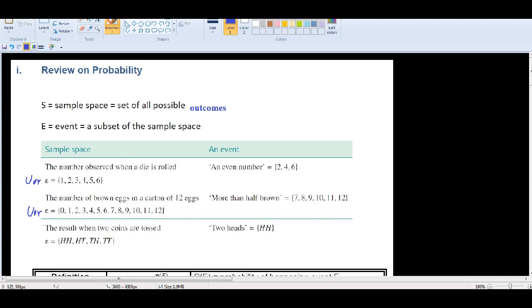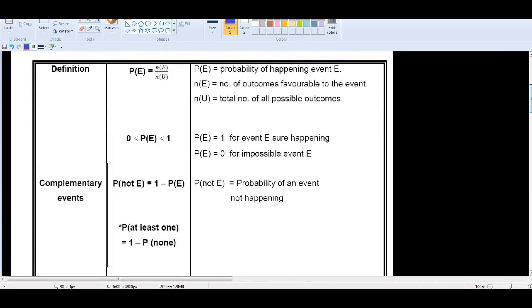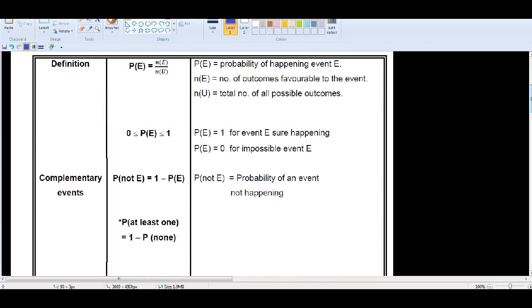They are all possible outcomes. An event will be a subset of the sample space. For example, if the event is an even number, then the event is represented by 2, 4, 6 as a subset.